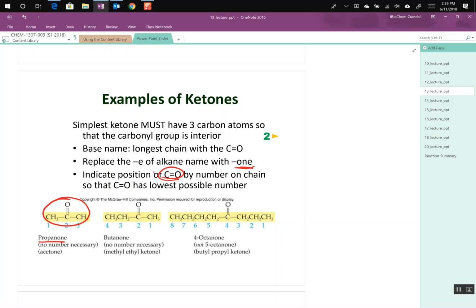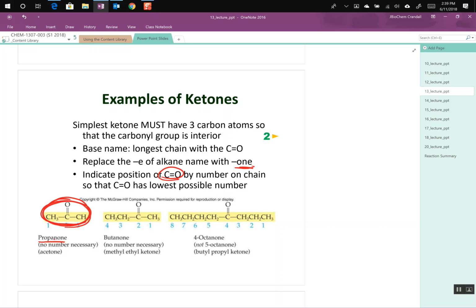With ketones, it can't be carbon 1, but it could be carbon 2, or carbon 3, etc.